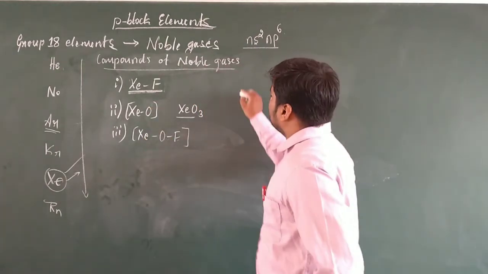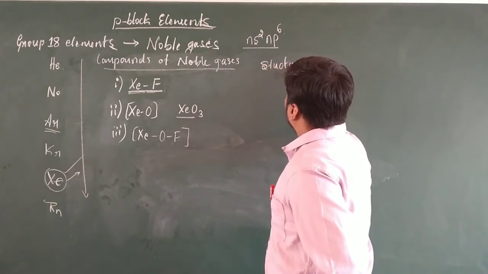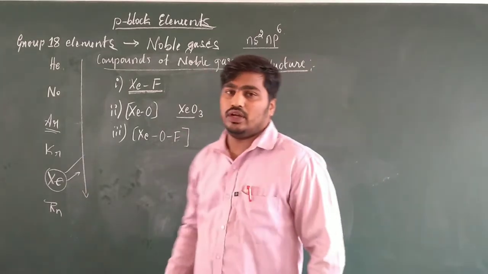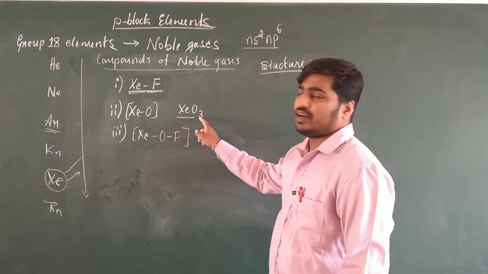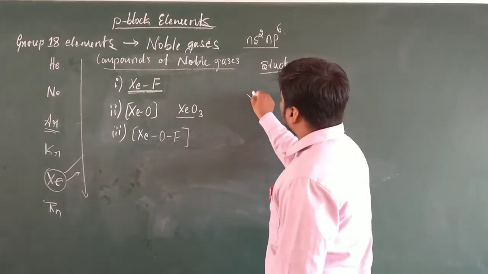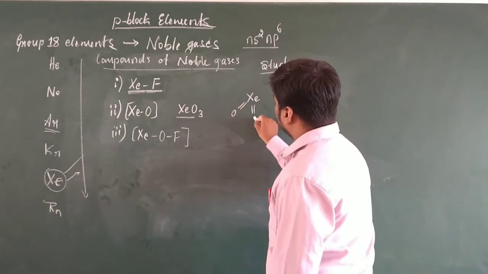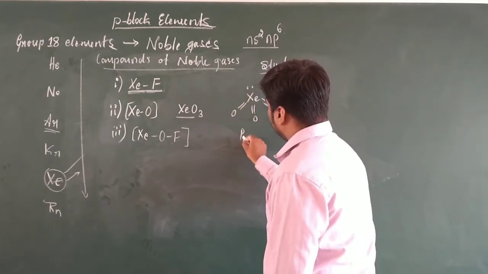Then structure of compounds of noble gases. First consider xenon trioxide. Based on the hybridization, the shape is pyramidal.